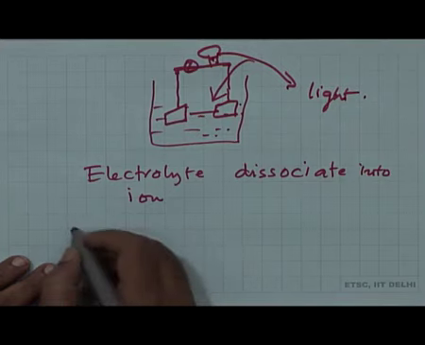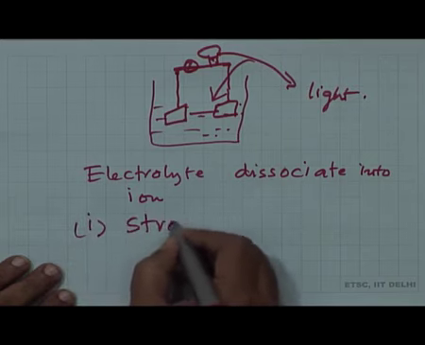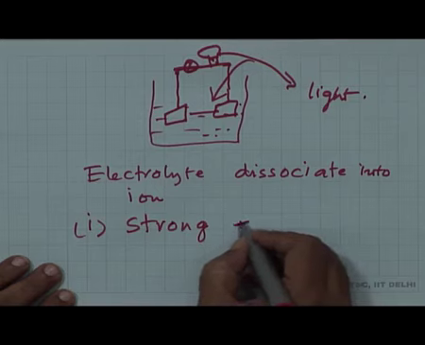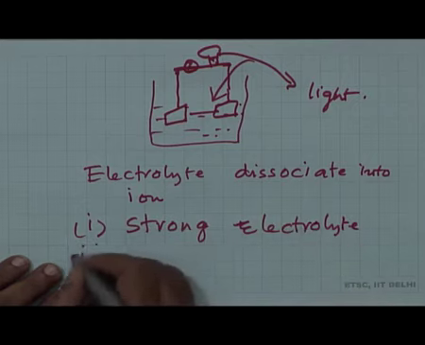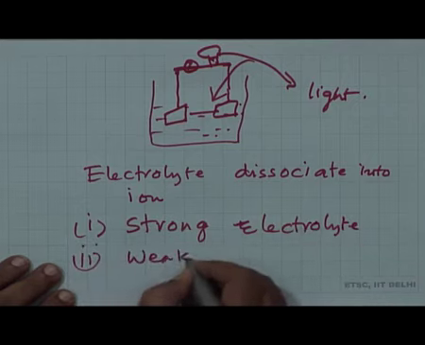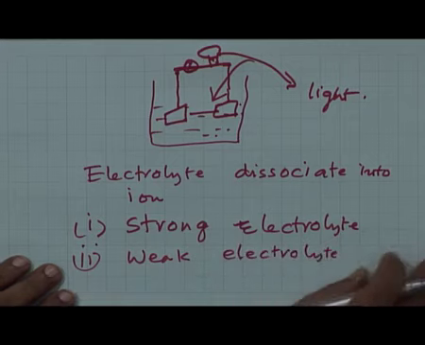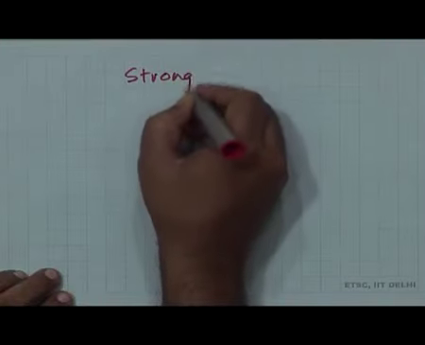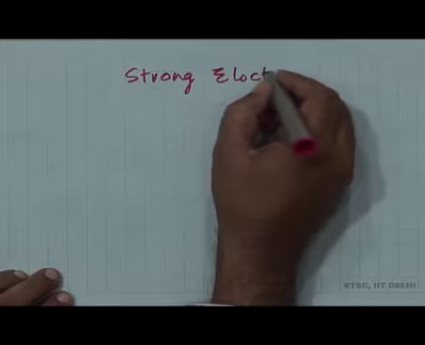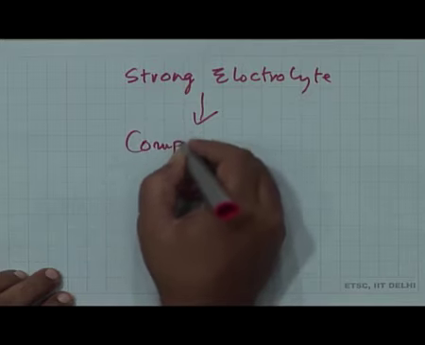There are two types of electrolyte. One is strong electrolyte, and second is weak electrolyte. Now, let us discuss what we mean by strong and weak electrolyte. A strong electrolyte is an electrolyte which completely dissociates in water, almost completely.